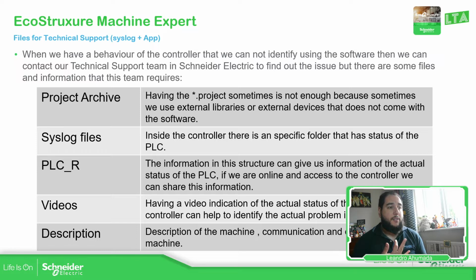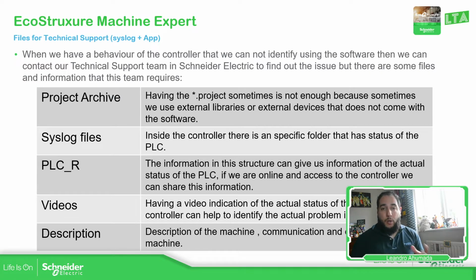The Syslog files, which are the system information on the controller, the status of the controller, and all the modifications that have been done, located in the PLC. Then we need additional information, the PLC _R, that gives us a quick idea of the real status of the controller when it's in stop, and then videos of the LEDs.